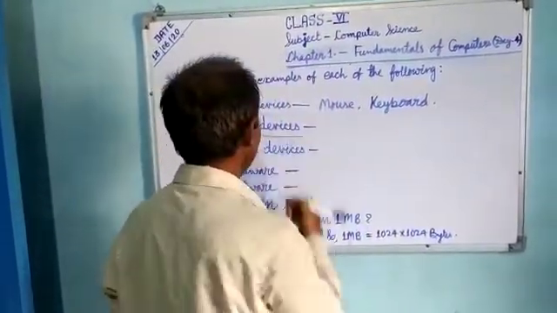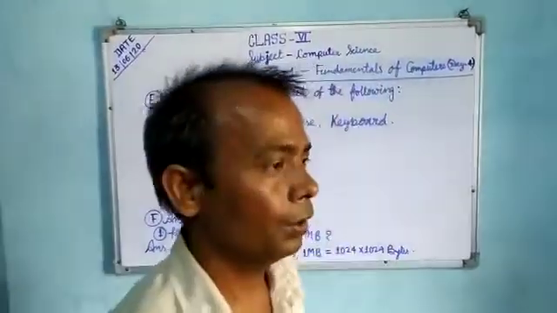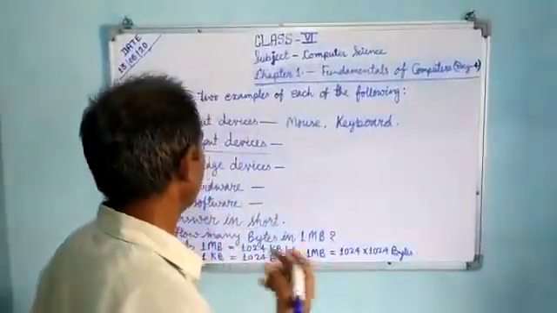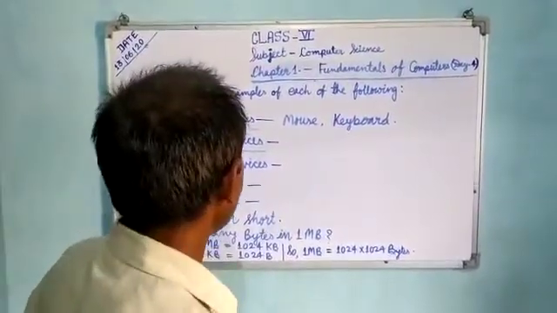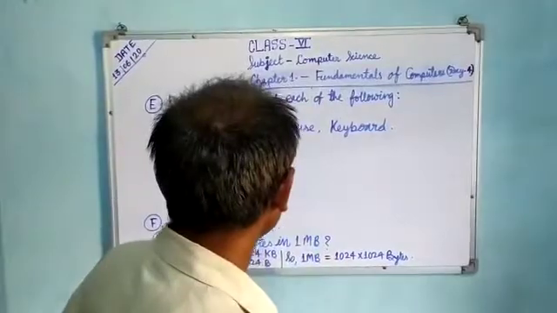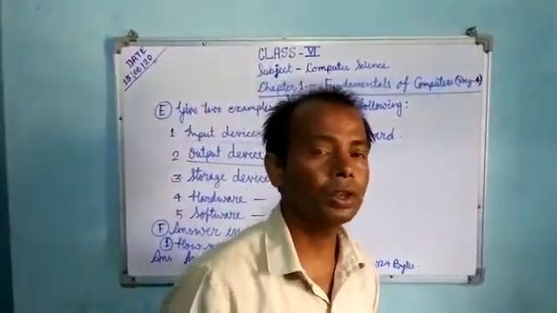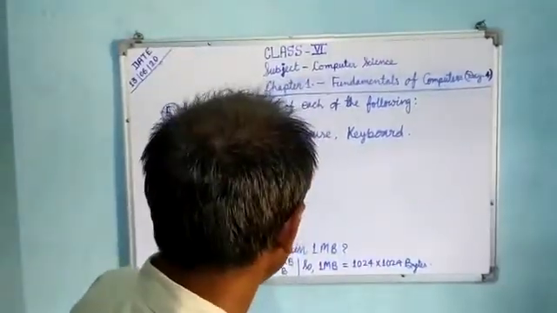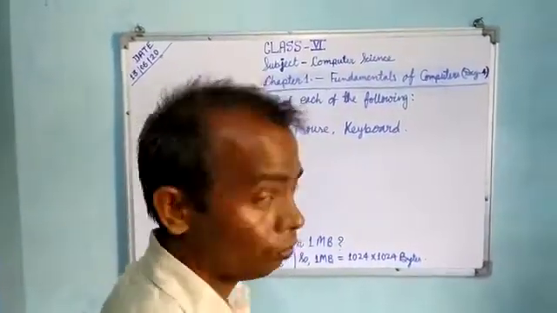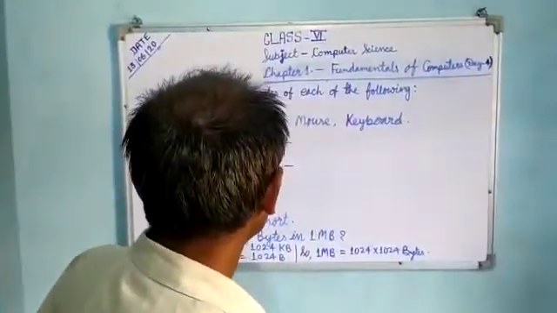The second term given is output device. Output devices are those devices that give the results after processing the input information. So our monitor is an output device, a speaker is an output device, a printer is one of the output devices.